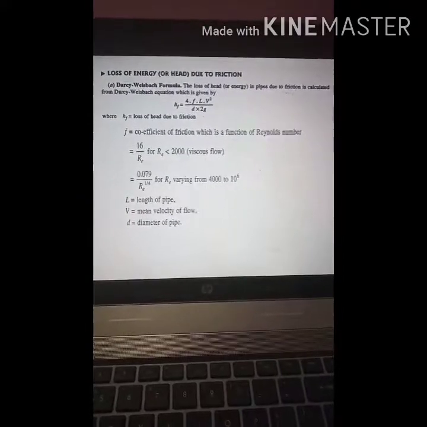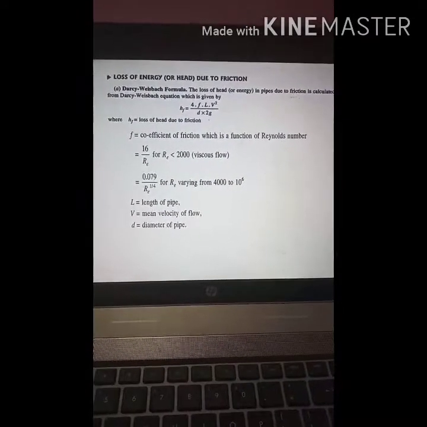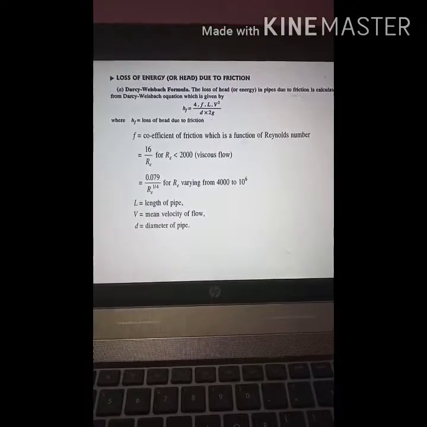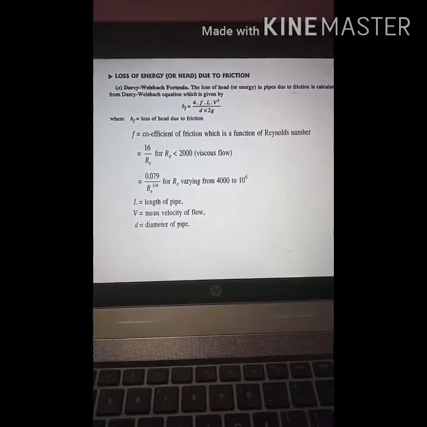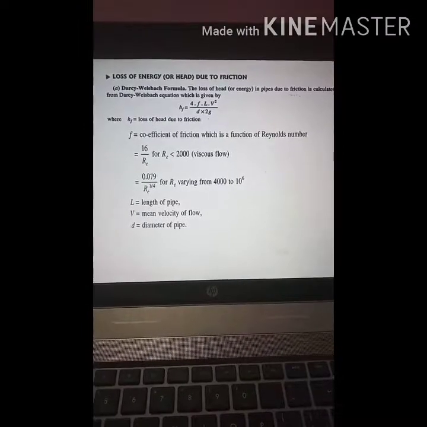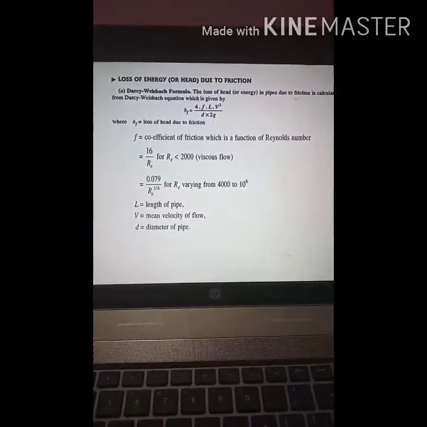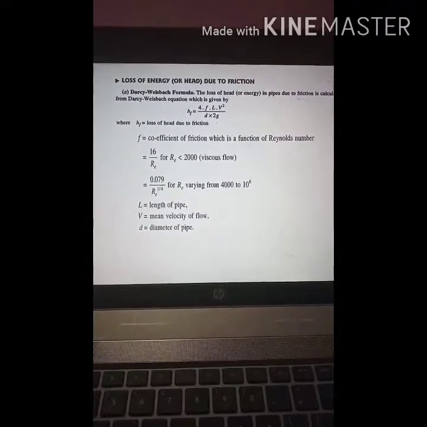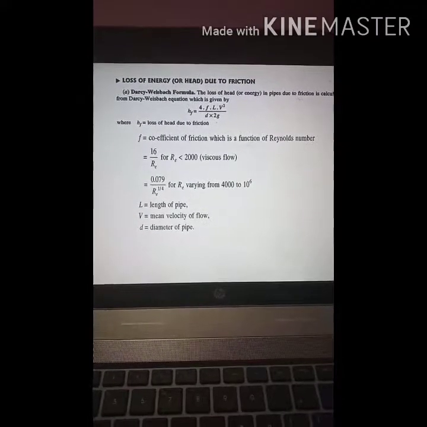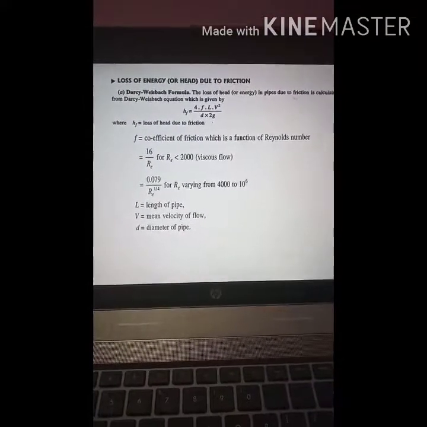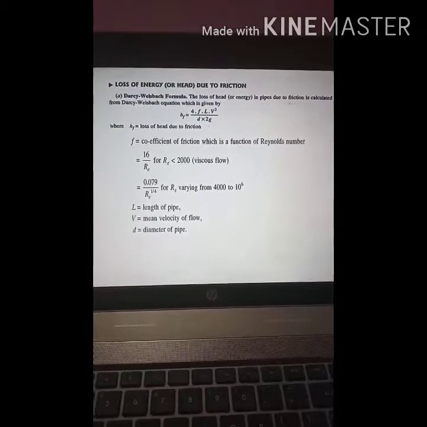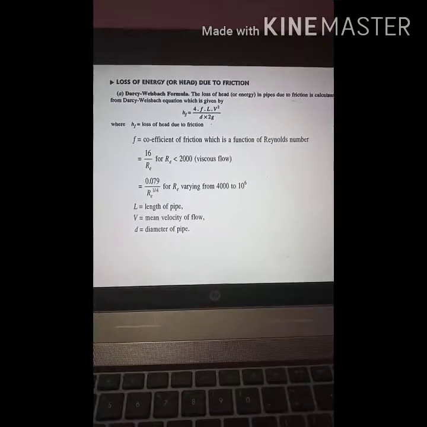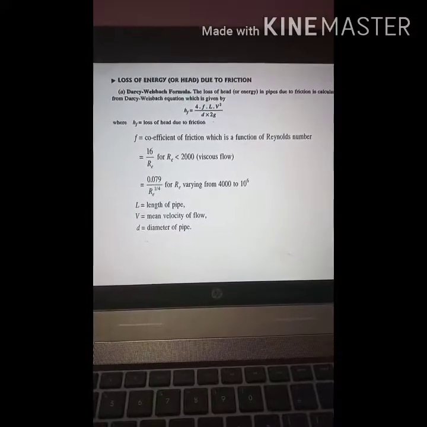We have already seen in unit number 4 what we mean by laminar flow and turbulent flow. If the Reynolds number is less than 2000, then the flow will be laminar, and if it is greater than 4000, then the flow will be turbulent. Depending upon whether the flow is laminar or turbulent, this coefficient of friction varies. If the flow is laminar, that is, Reynolds number is less than 2000, then the coefficient of friction small f is 16 upon Re, the Reynolds number. And if the flow is turbulent, then the coefficient of friction is given by 0.079 upon Re raised to 1 by 4.